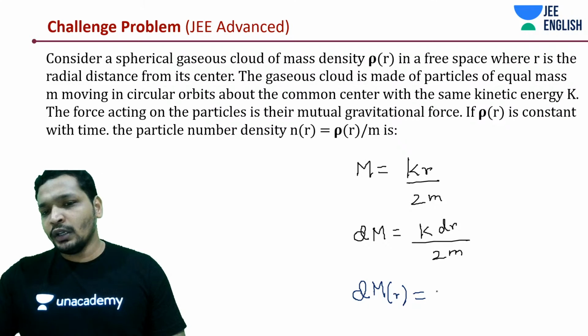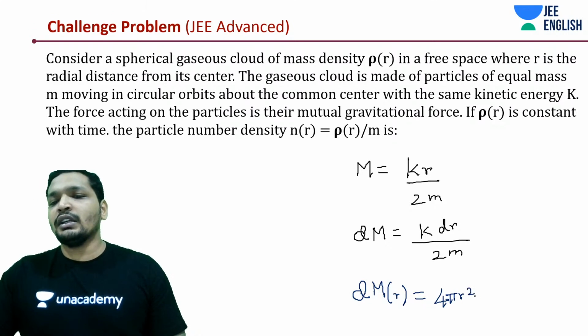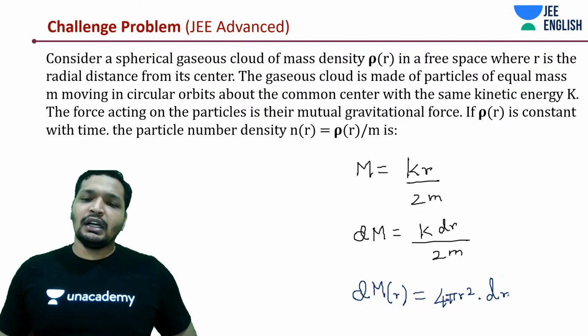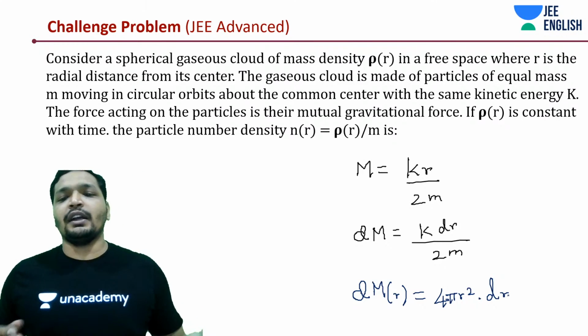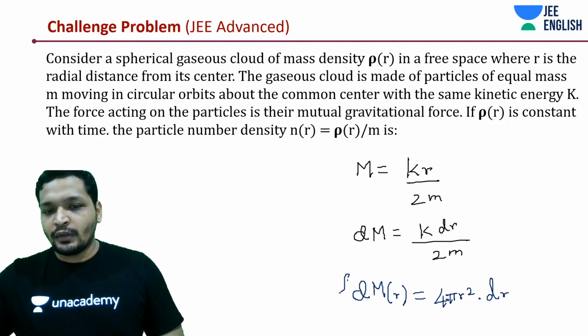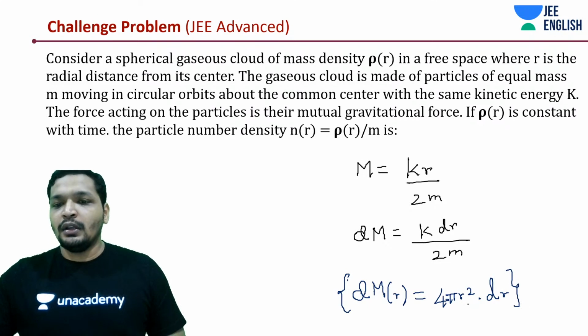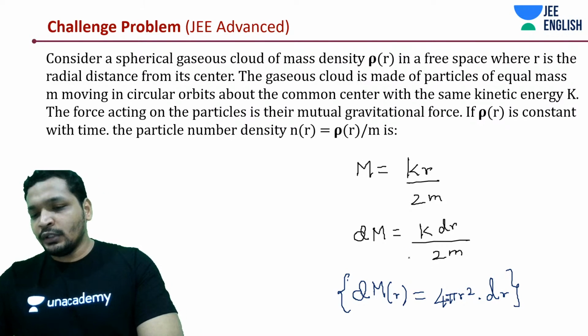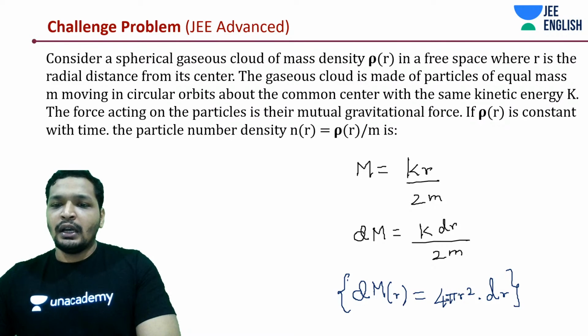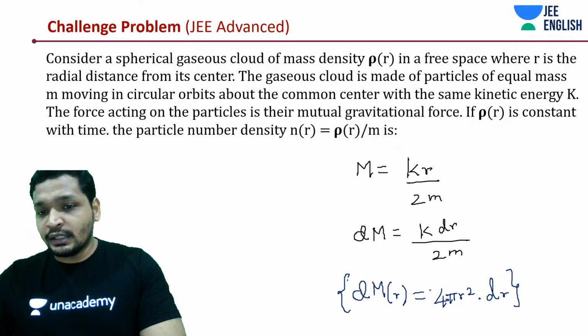That is going to be how much? 4 pi r square dr. That shell's surface area is going to be 4 pi r square into dr, and that is going to be the mass. Okay. Now equate them both. dr would get cancelled out, and into rho. Okay, density is also there.